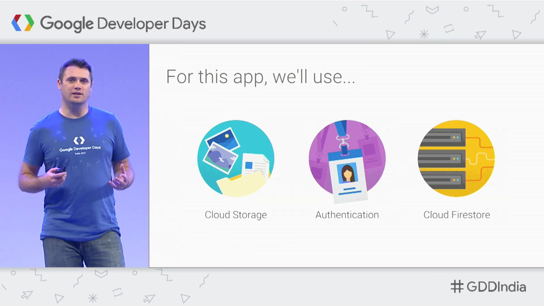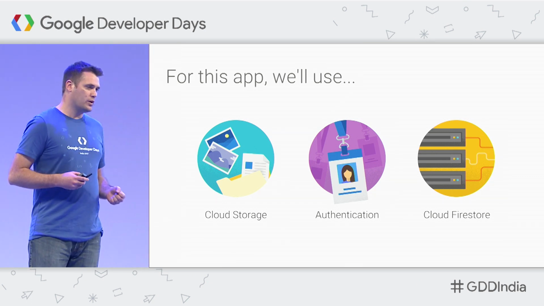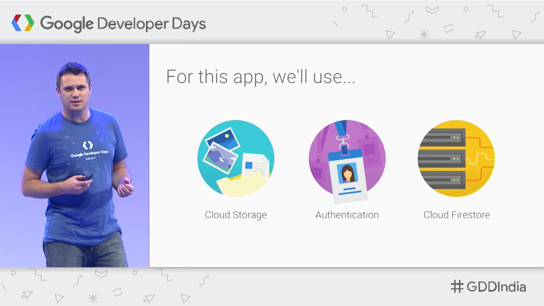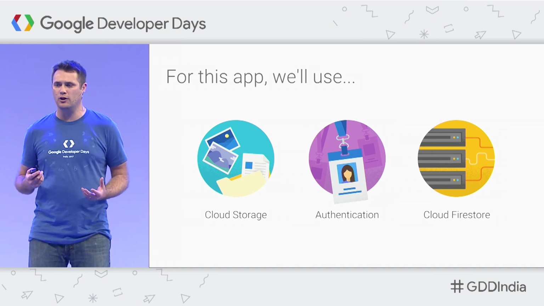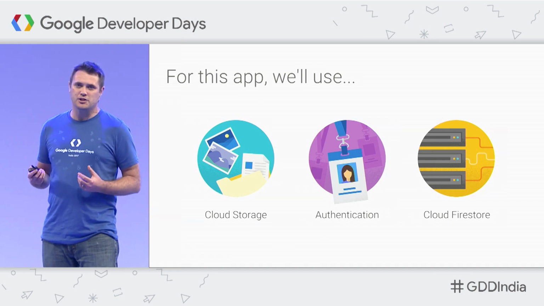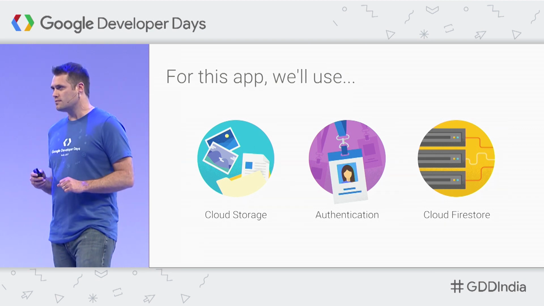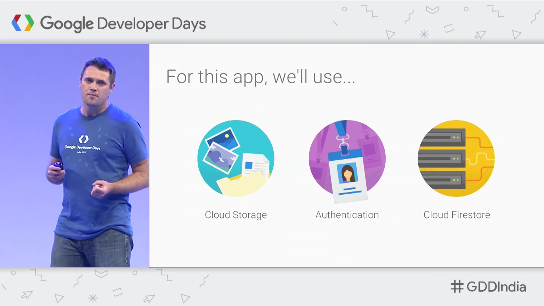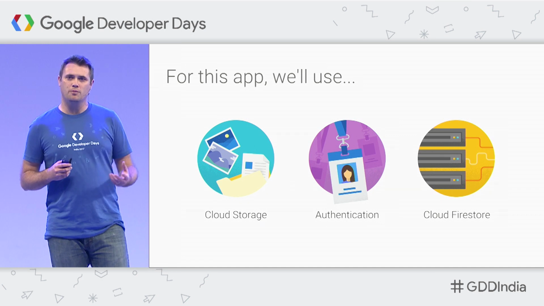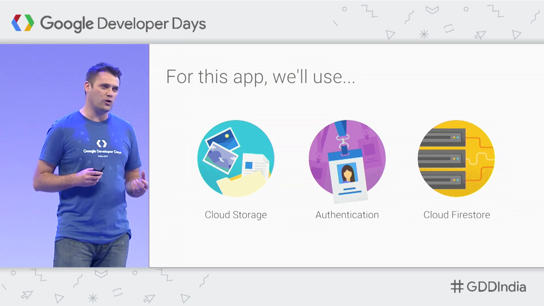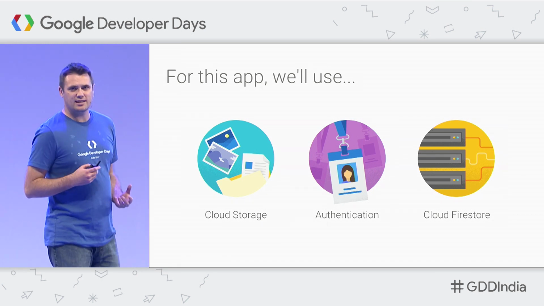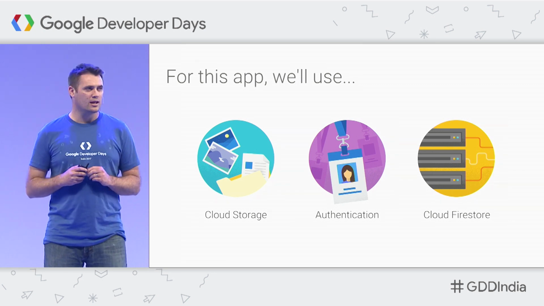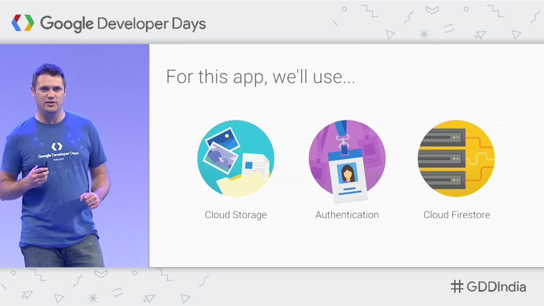We're going to couple this with Firebase Auth, which is a serverless authentication system to handle all those complex social flows and session management with ease. And the third one that I'm going to use is a NoSQL document-oriented database called Cloud Firestore that stores and syncs JSON-like data. So let's see how we can piece these three things together.